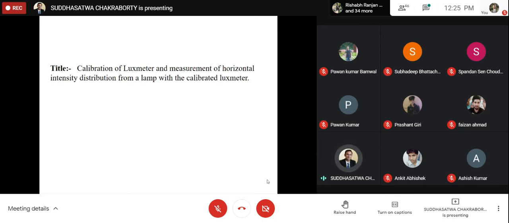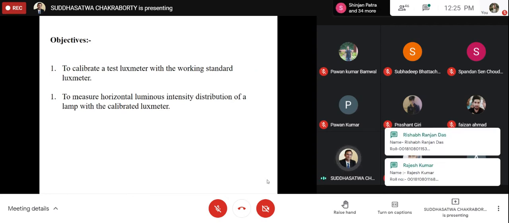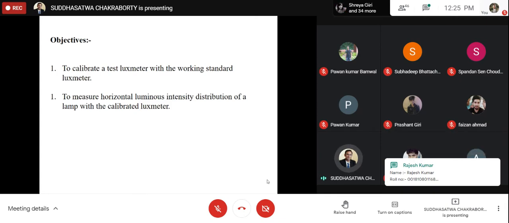I will come back to that point once we talk about the measurement procedure, but this is a very important part of our experiment. The objective of the experiment is classified in two parts. Number one, to calibrate the test lux meter with a working standard lux meter.